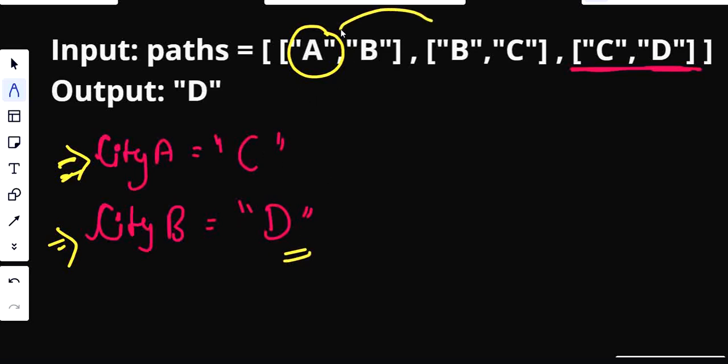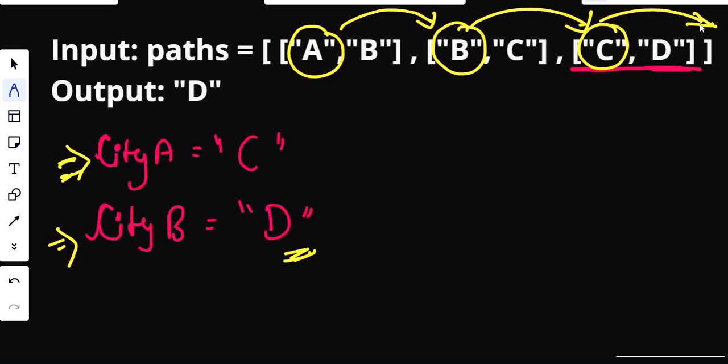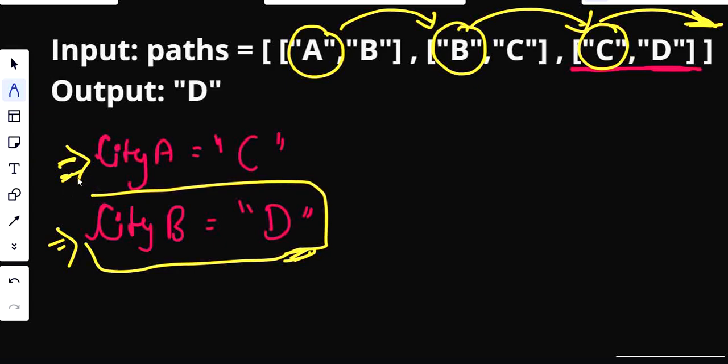No. So I will again go to this place. Is this the same? No. Then I will again update and check for this city A. Is this the same? No. Now I know I am out of bounds and I have ended the traversal. So now at the end I know this city B was not present as city A in any other path.